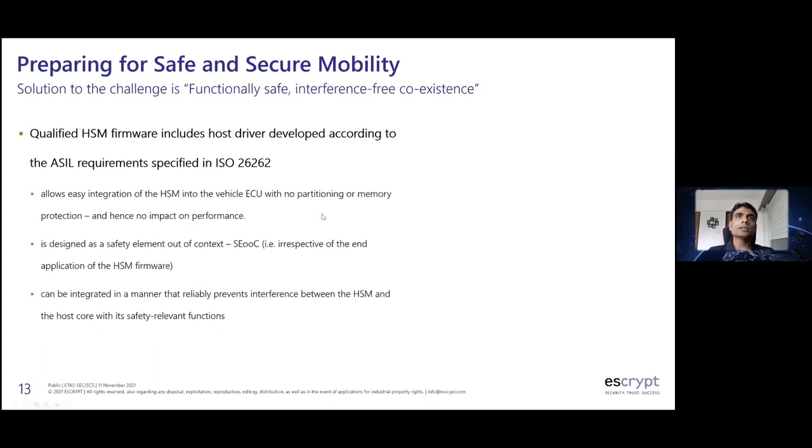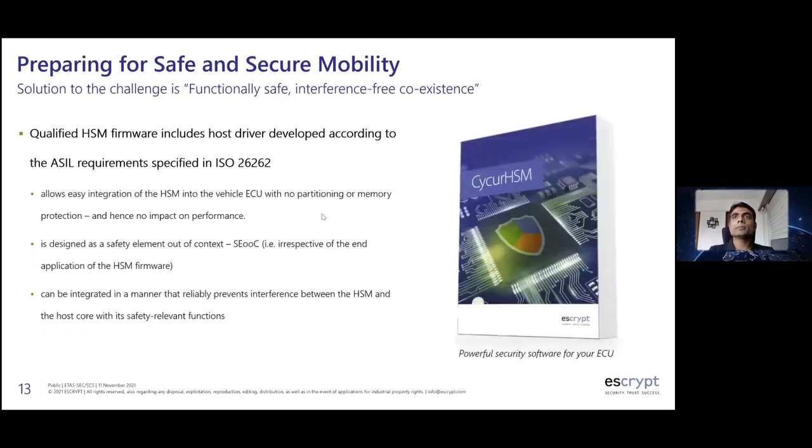And most importantly, there should be no need for actual partitioning of memory and memory protection, because it is working on a completely separate core. Cycle HSM from Script is one such solution that has all of these three attributes and has been running in more than 100 series projects to date.